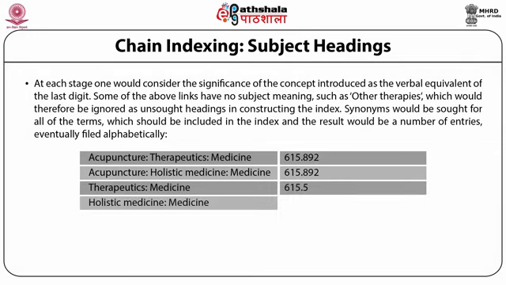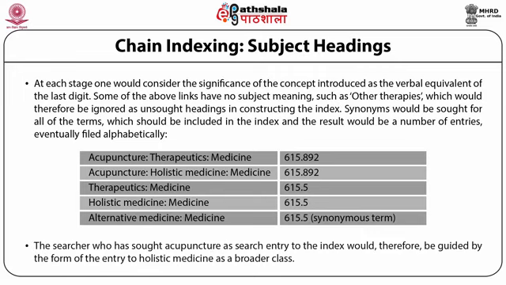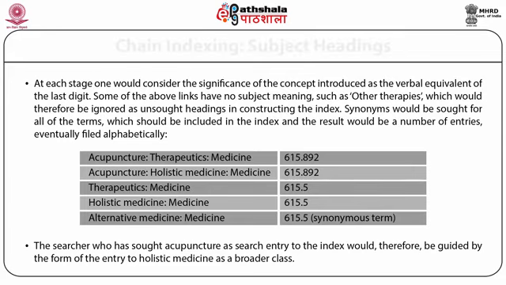Holistic medicine, 615.5. Alternative medicine, that is 615.5, a synonymous term for the above, holistic medicine. The searcher who has sought acupuncture as a search term in the index would therefore be guided by the form of the entry to holistic medicine as a broader class.